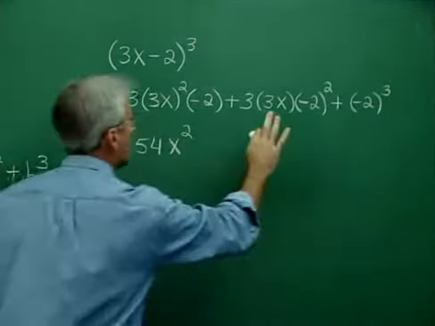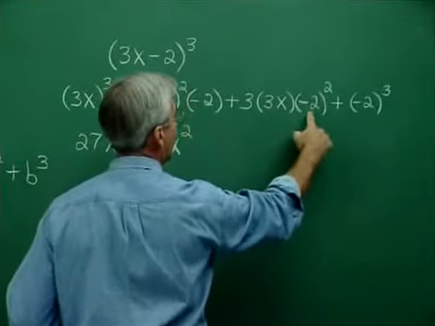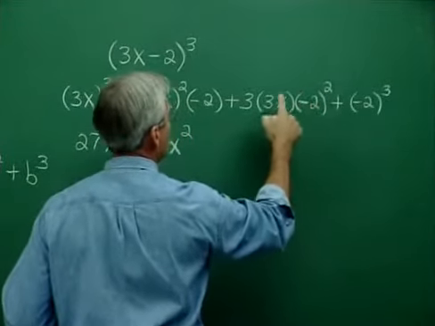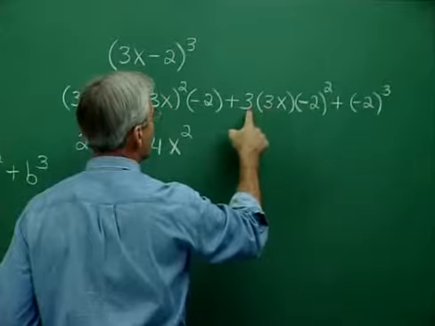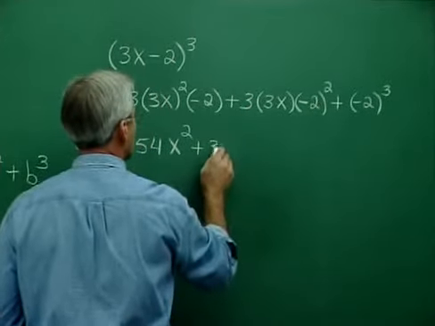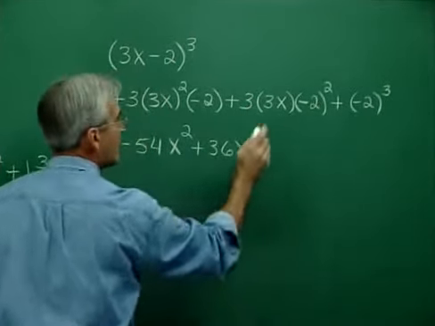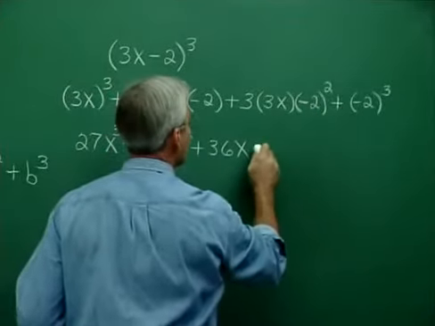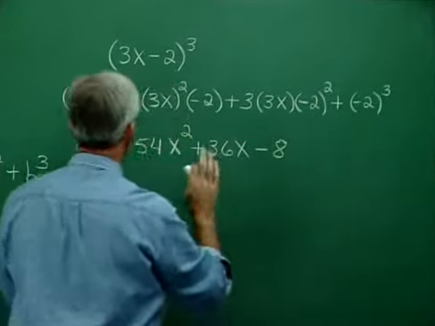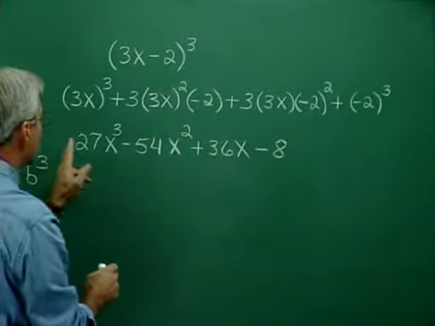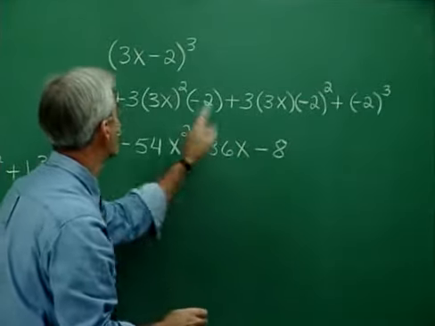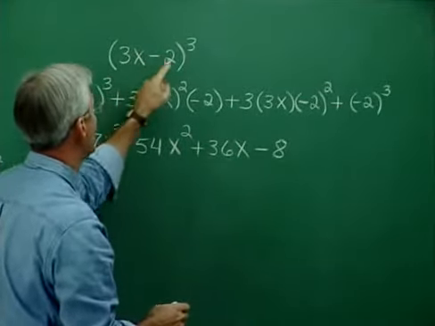And then in this one, we're squaring the negative 2. That gives 4. 4 times 3, 12, times 3, 36. So we have 36x. And then here we're cubing the negative 2, and that's minus 8. Now, notice the alternating sign pattern, plus, minus, when we have a difference that's being cubed.